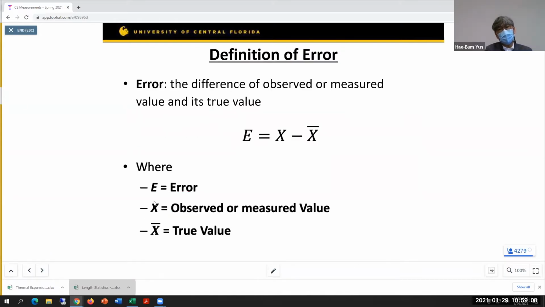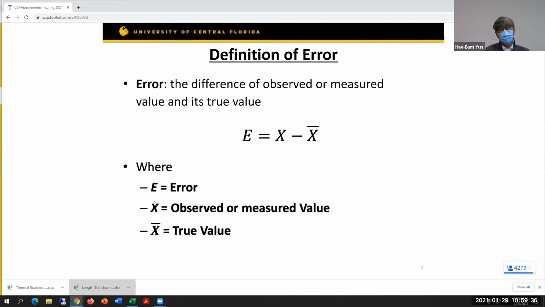Let's define what an error is. Error is the difference between the observed or measured value and its true value. So the error E is equal to X minus X bar, where X is the observed or measured value, which is what you have, and X bar is the true value.